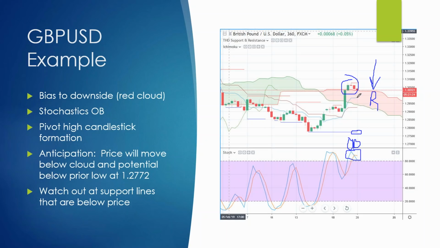Again, always watch out for the moving averages. Moving averages can act as support and resistance. Okay? Always make sure if you're in a trade, watch out for those areas, okay? Now, what actually happens, okay?